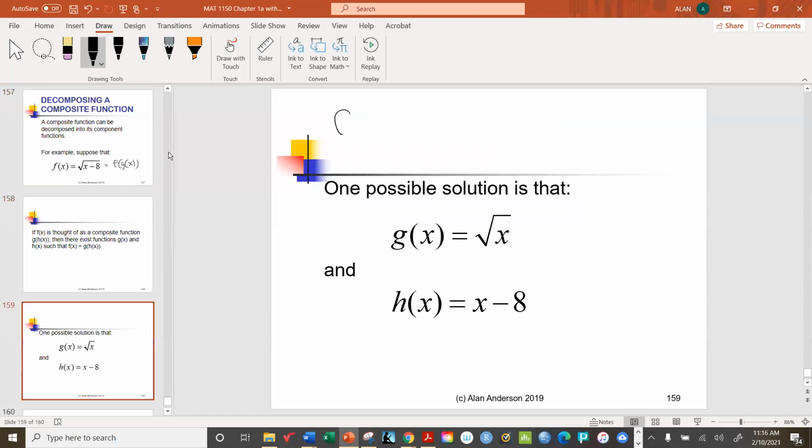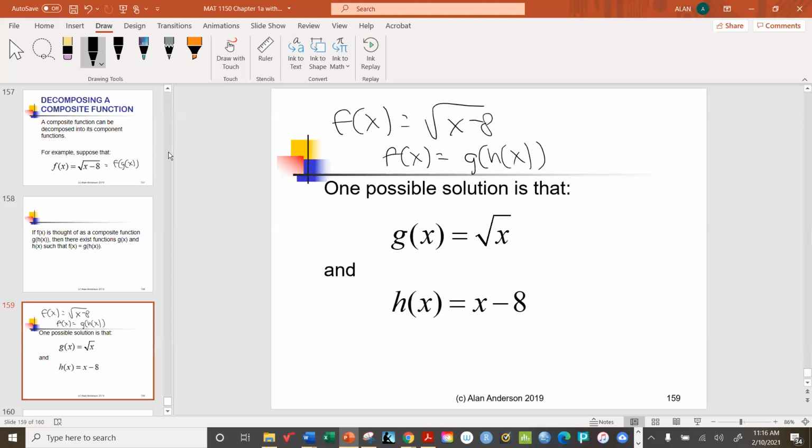Since f of x equals radical x minus 8, well, actually, here's what we're going to do. I'm going to change the notation slightly. We're going to claim that this is equal to g of h of x. Okay. Just to avoid confusing the f's with each other.